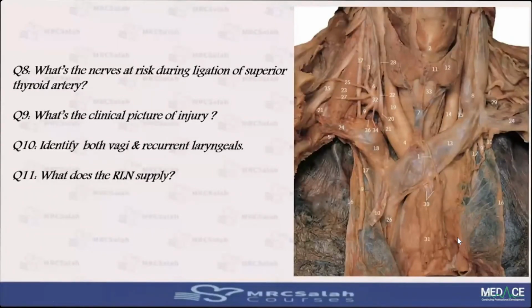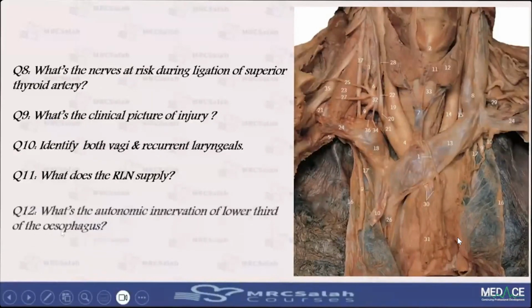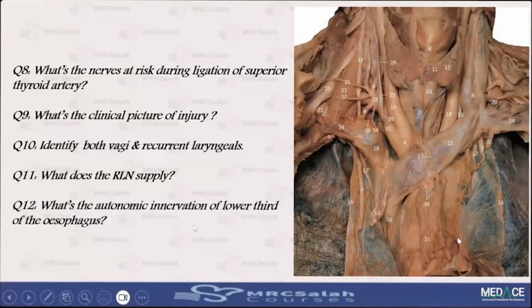What does the recurrent laryngeal nerve supply? The recurrent laryngeal nerve supplies all the laryngeal muscles except cricothyroid, and its sensory innervation is of the mucosa below the vocal cord. Exactly, correct. What is the autonomic innervation of the lower third of the esophagus?